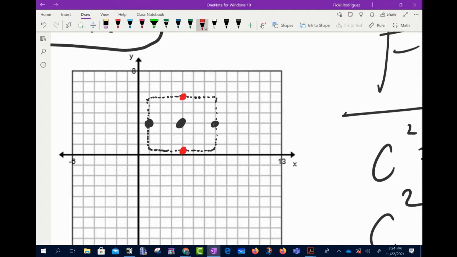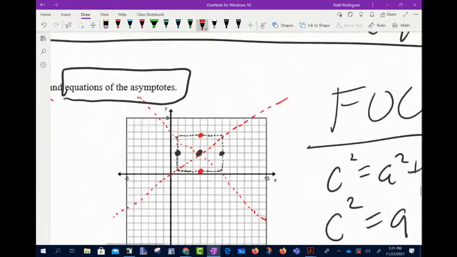So far, so good? The reason I'm doing that is that I'm going to do my asymptotes, using dotted lines, both in red, just because. Okay, there they are. Now, those are my asymptotes.